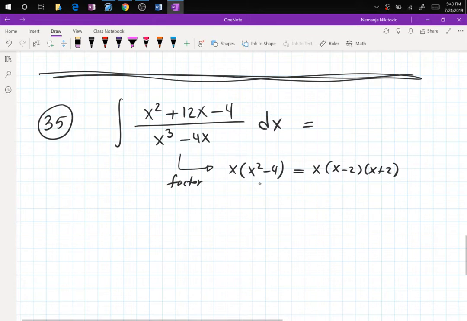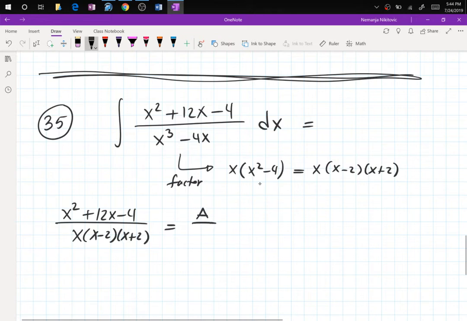So my partial fraction decomposition of x squared plus 12x minus 4 divided by x times x minus 2 times x plus 2 is going to be A over x plus B over x minus 2 plus C over x plus 2.